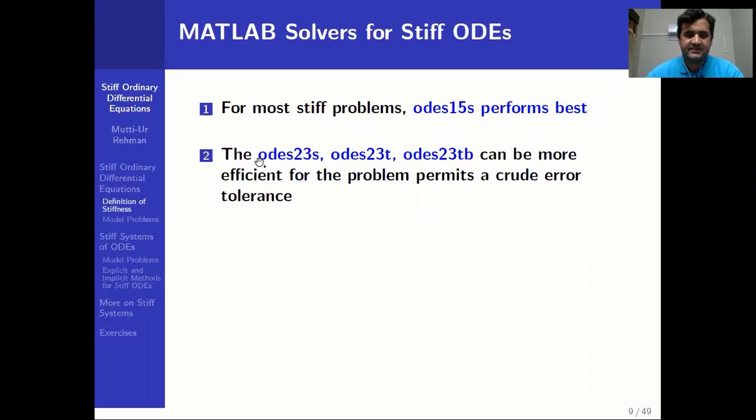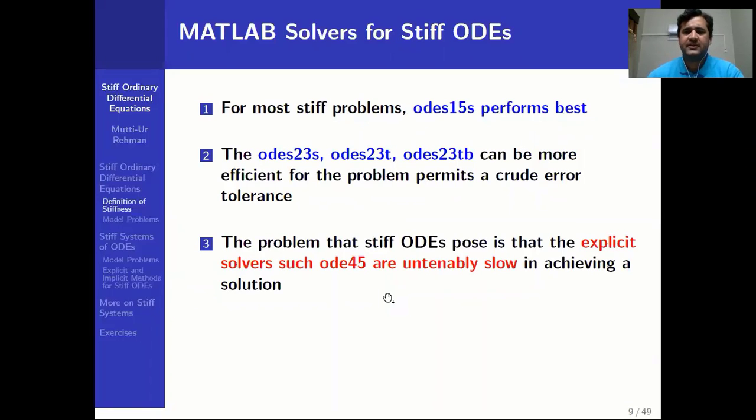Also, let's say these stiff solvers can be more efficient for problems that permit a crude error tolerance. Okay, so I'm not going to go into this discussion again, but of course these are helpful when you deal with stiff ordinary differential equations.